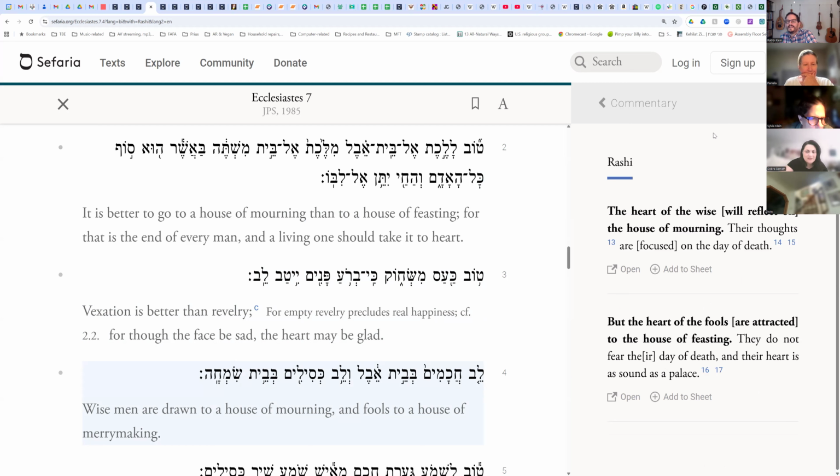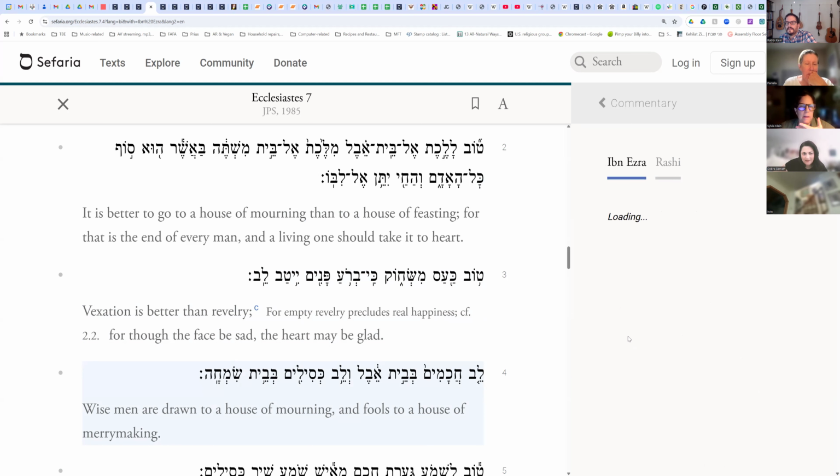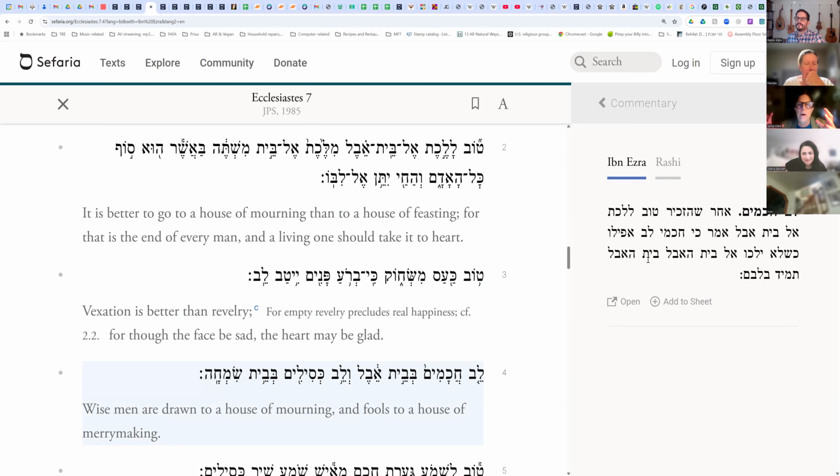I thought simcha was just joy. Right, but Simcha is within you, while merrymaking is trying to create something, as in, let's have a party as opposed to I'm feeling joy. What about Mishte? What does that translate as? They translate here as feasting.